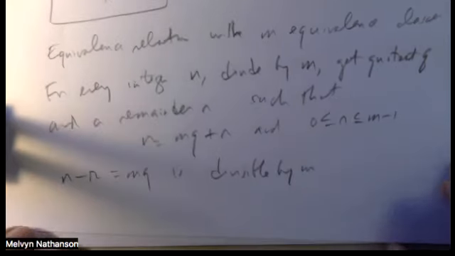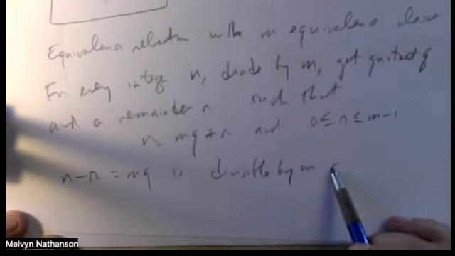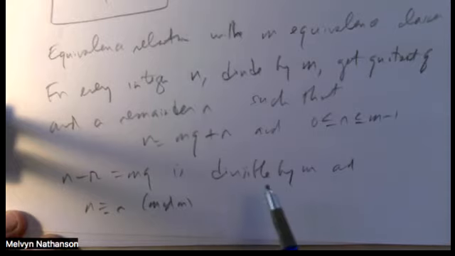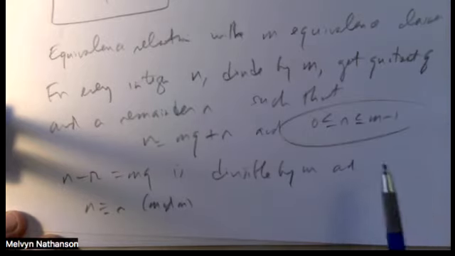So n minus r is m times q. This is divisible by m, and n is congruent to r mod m. And again, r is between 0 and m minus 1.